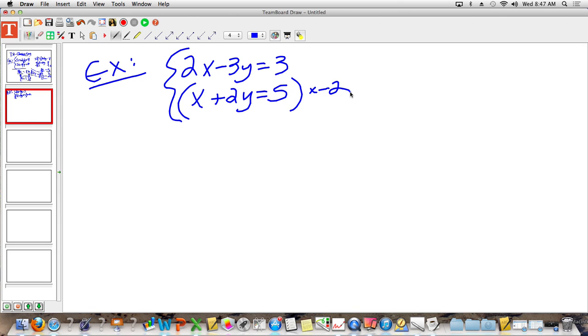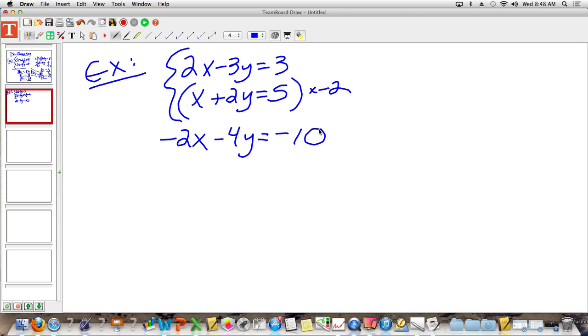You need to multiply everything by negative 2. So, bottom equation, negative 2 times x is negative 2x. Negative 2 times 2y is negative 4y. And negative 2 times 5 is negative 10.